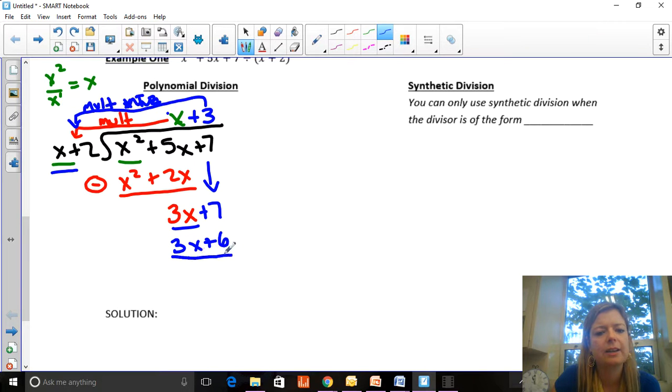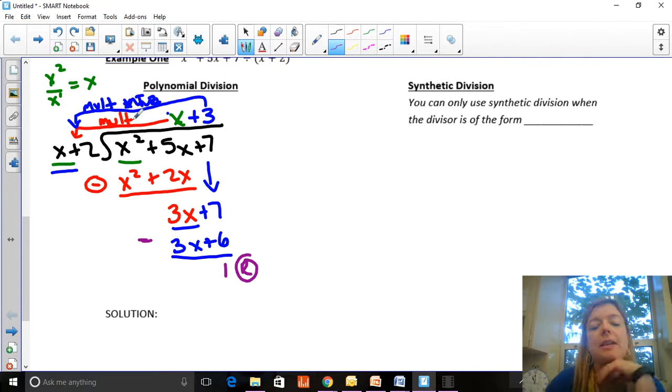So it gets written down here, okay? And so now, again, we subtract. So 3x minus 3x is nothing, which again should always happen. And then 7 minus 6 is 1. So that means that our remainder is 1. Okay? So this means that x squared plus 5x plus 7 divided by x plus 2 is x plus 3 with a remainder of 1.